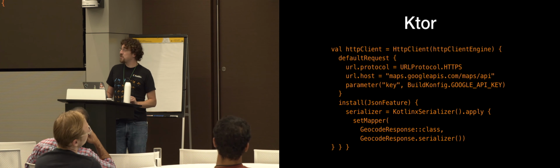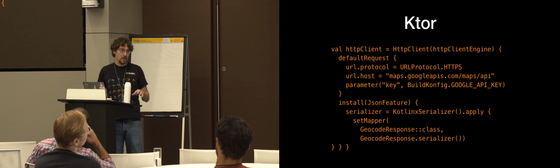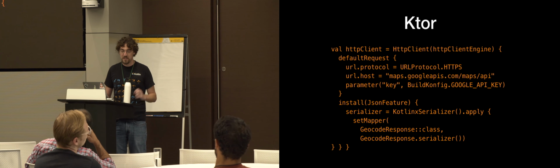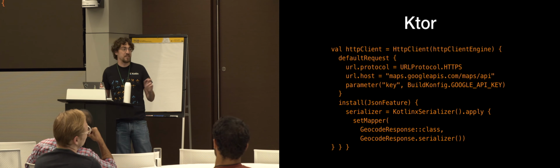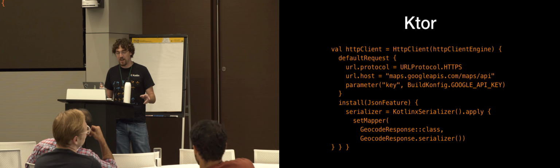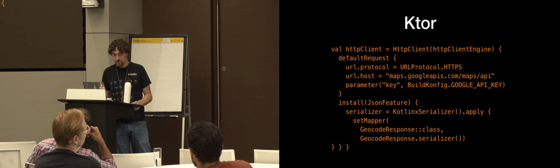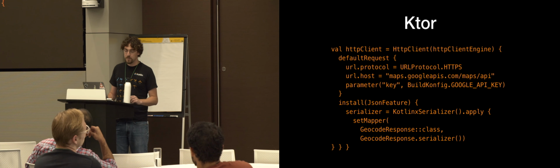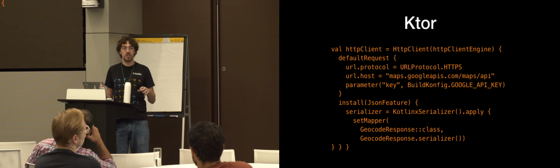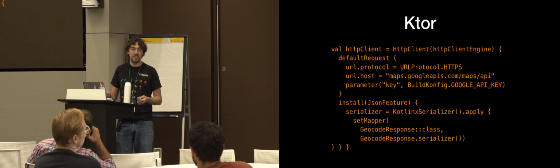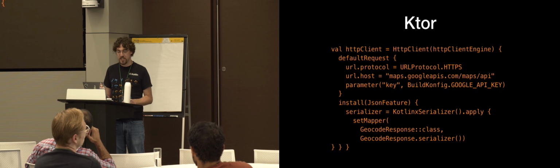So don't worry too much about all the little details in here, but what you end up doing is you can define an HTTP client. You pass it in an engine, which will vary per platform. You can define some default request parameters, like your base URL and some API keys that will exist on all platforms. And you can configure various features, which include the JSON feature, which does the automatic JSON serialization.